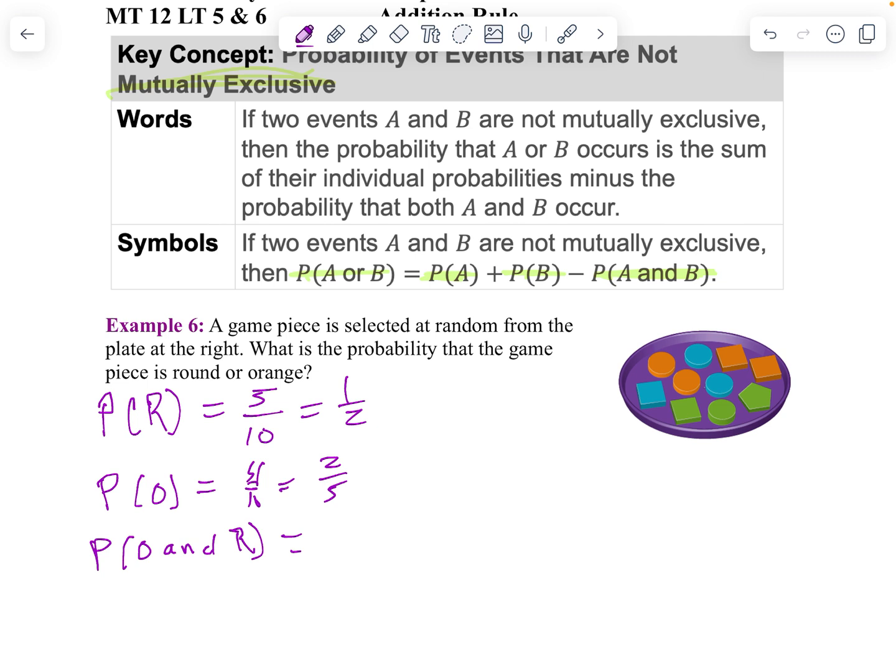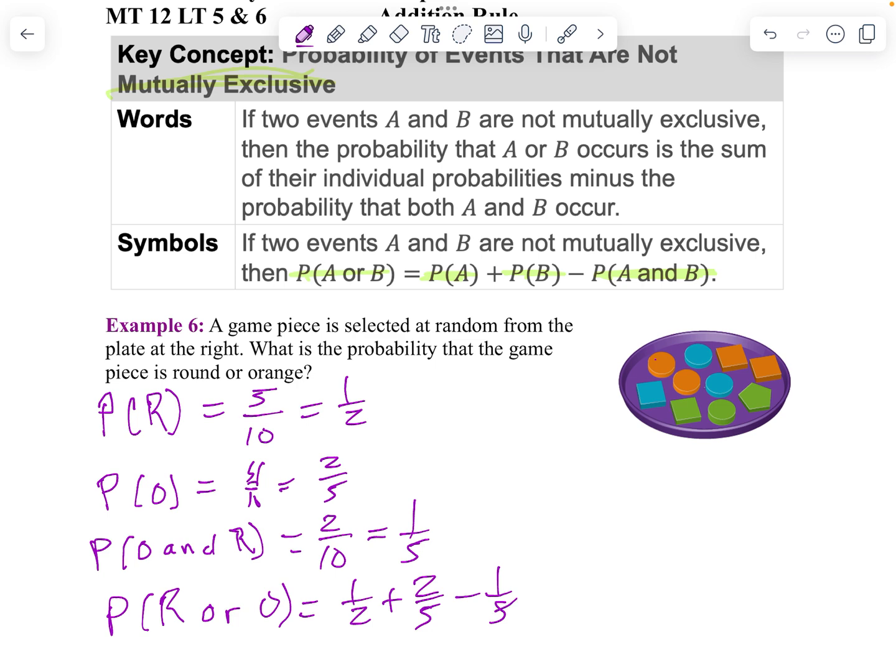Well, orange and round would be 2 out of 10, wouldn't it? Or 1/5. So to find my probability of getting round or orange, I take 1/2 plus 2/5 minus 1/5.